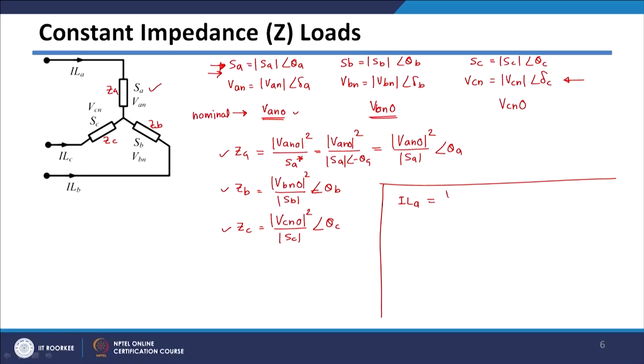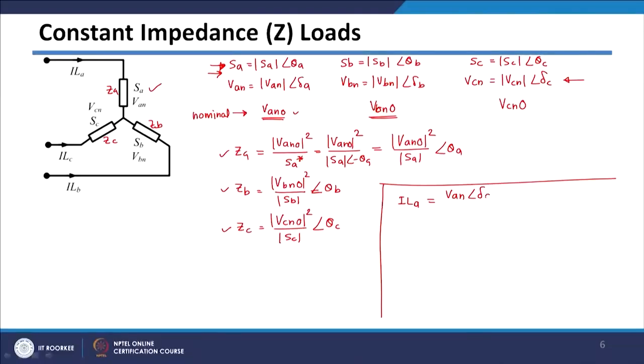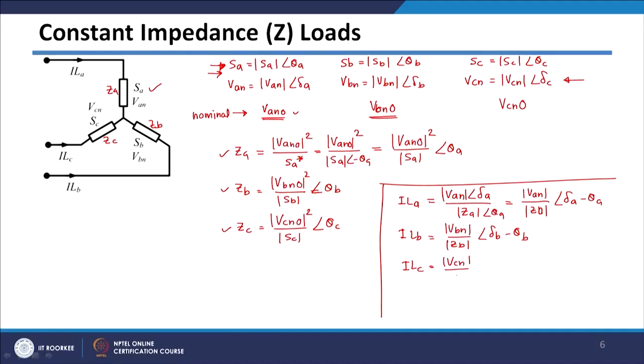ILA will be equal to VAN, which may be a different voltage than the nominal voltage, and its angle delta may also be different, divided by ZA magnitude angle theta A. So ILA is VAN magnitude divided by ZA magnitude, with angle delta A minus theta A. Similarly, ILB is VBN divided by ZB, with angle delta B minus theta B, and ILC is VCN magnitude divided by ZC magnitude, with angle delta C minus theta C.